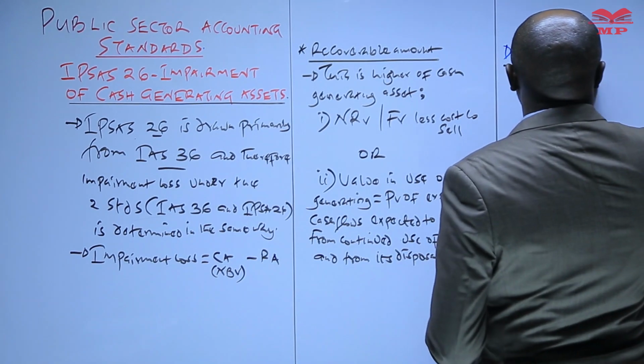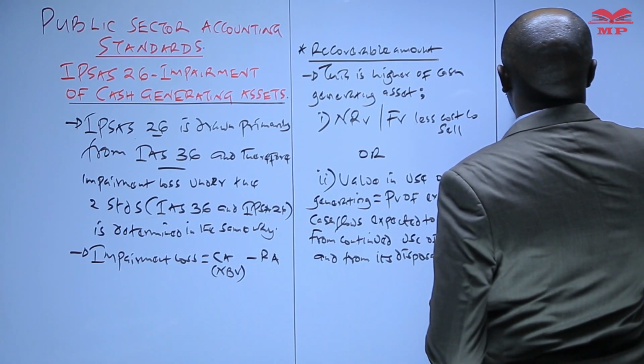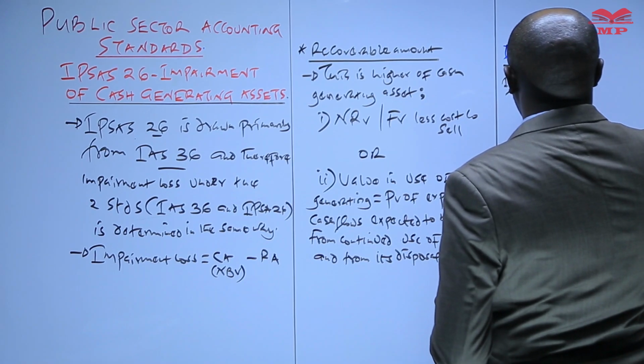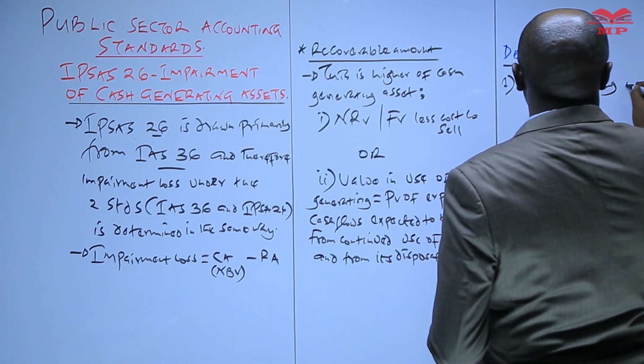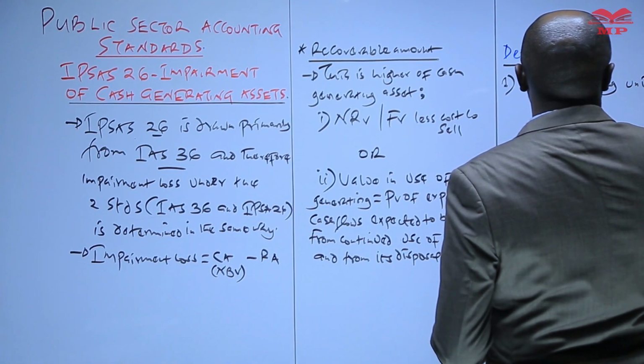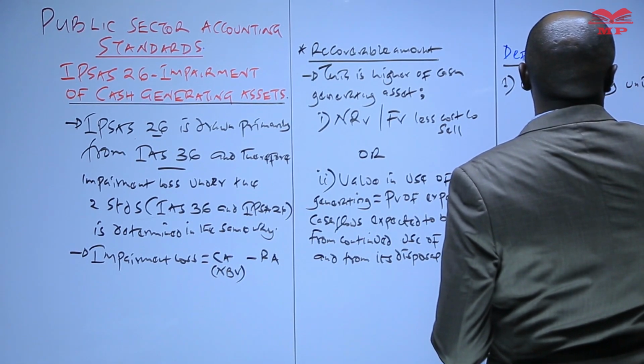The first term we can start by defining here is a cash generating unit, abbreviated as CGU.